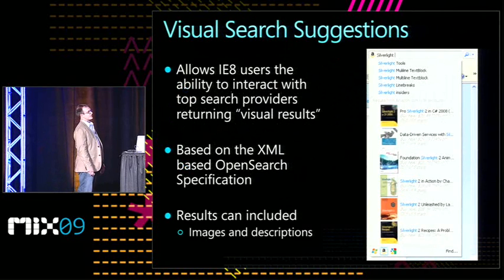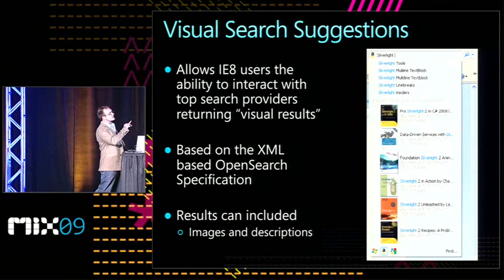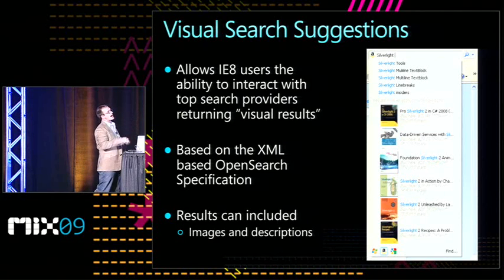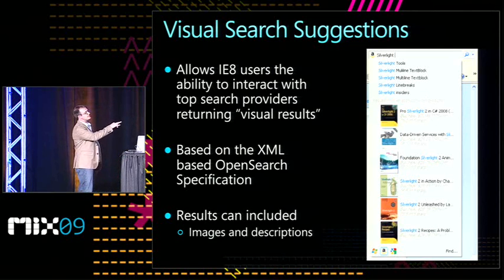So visual search. Visual search is, I think, one of the neatest additions to a piece of IE that we've become very accustomed to, and that's that built-in search bar that exists. What really differentiates this from traditional type-ahead searches is the visualization of images.